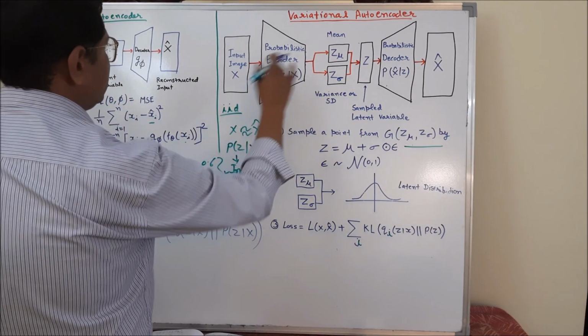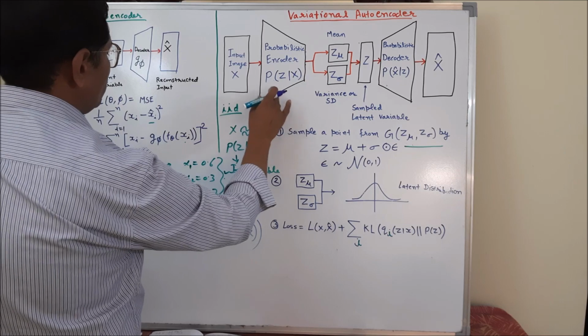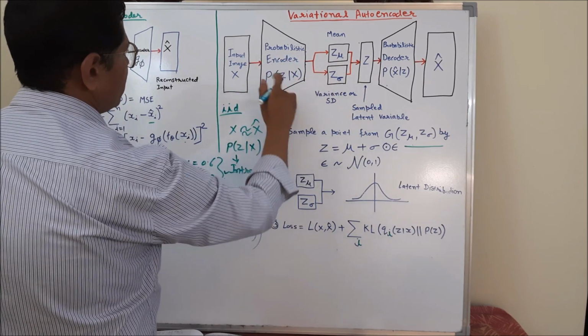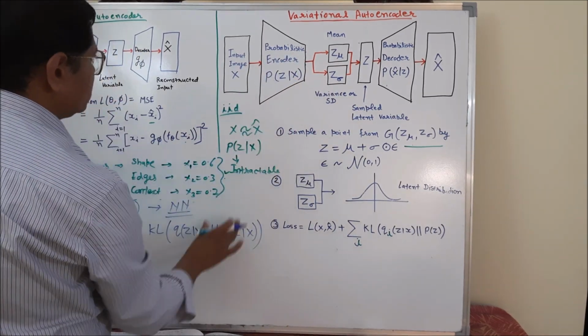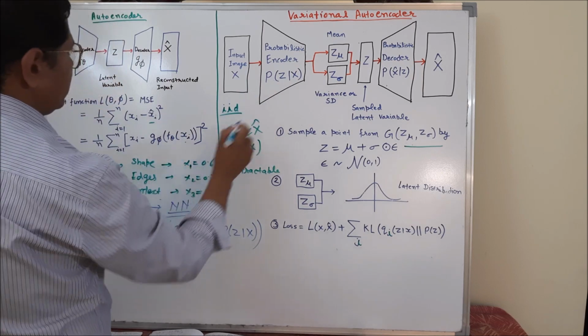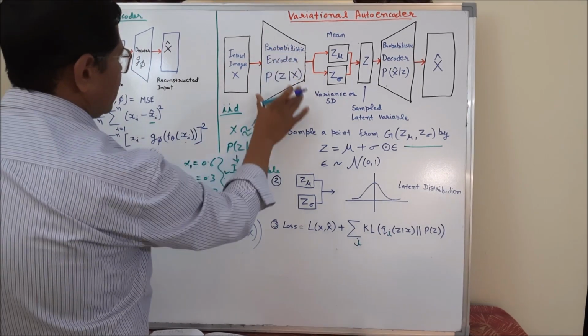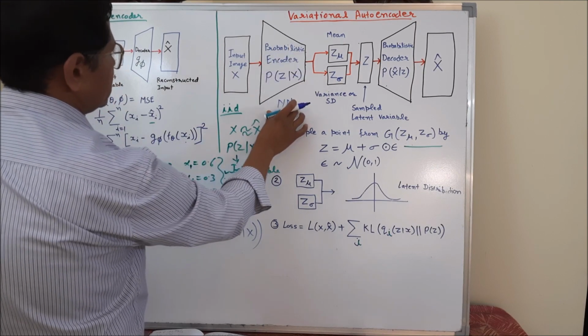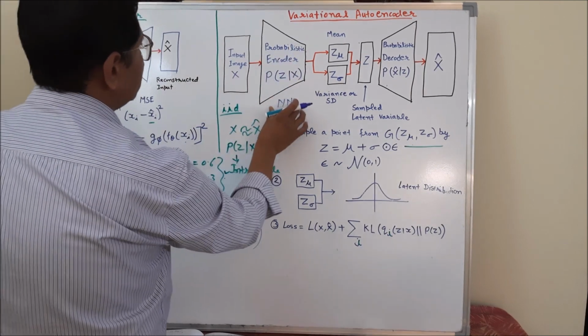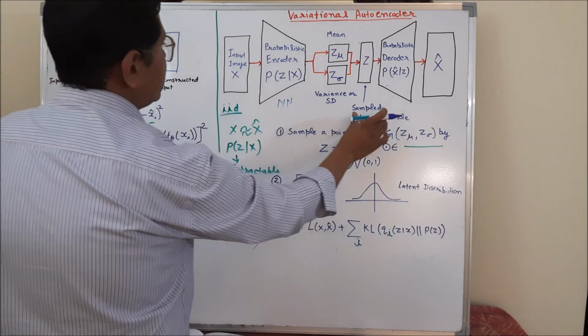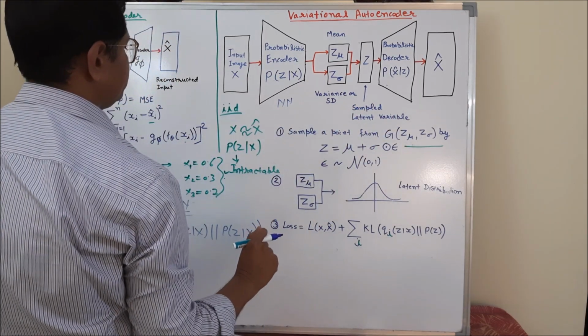So during training, our task is to minimize this KL divergence, so that the neural network architecture we develop in place of the probabilistic encoder will learn the similar kind of sampled latent variable.